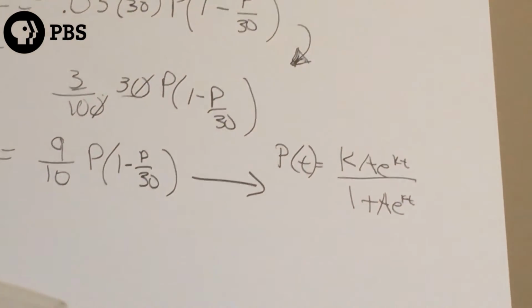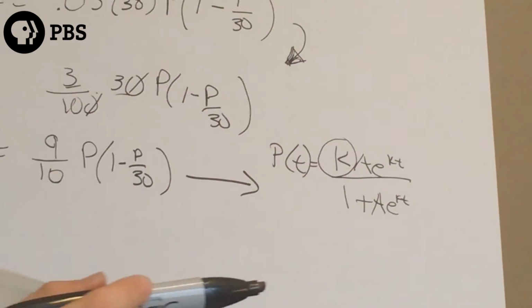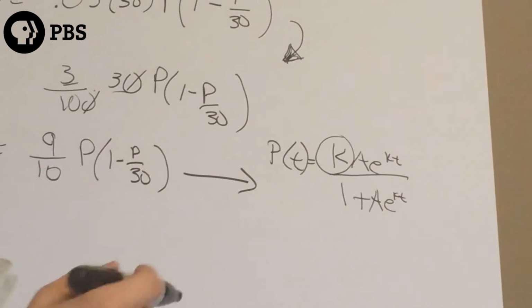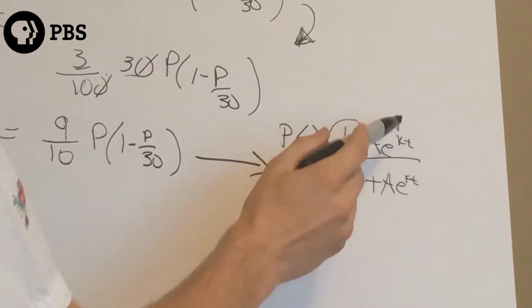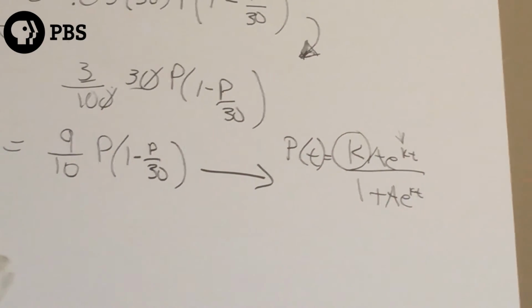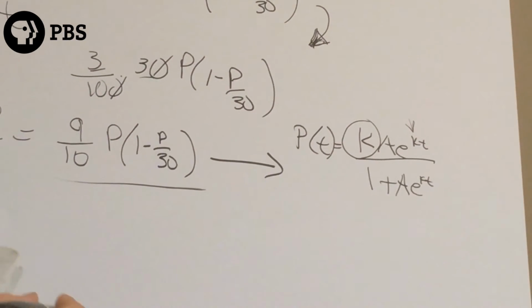Now, in this equation, this K describes the maximum carrying capacity of the population, whereas this k describes the rate of growth, which we can get all of this from this dp dt equation.